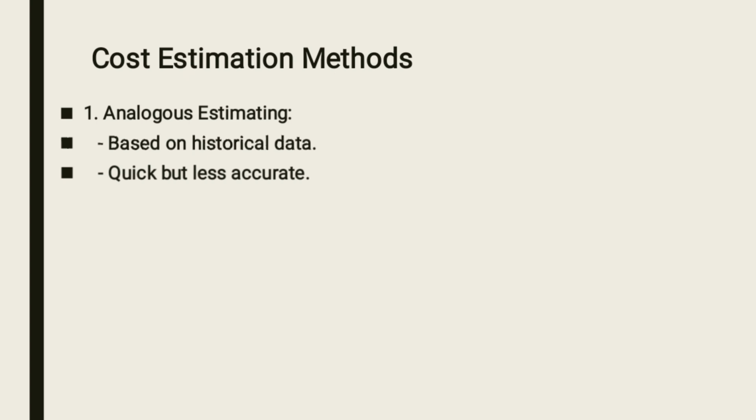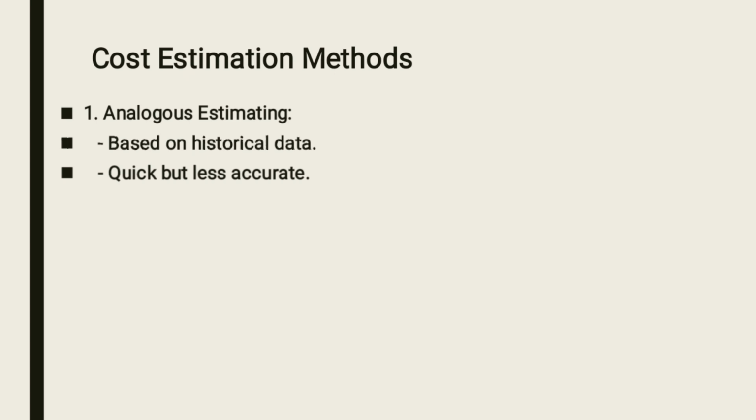You need to understand that this one is quick but less accurate. Why is it less accurate? It is because you are using historical data. Maybe at that moment the currency was good, but now, when you are doing your project, there has been devaluation.